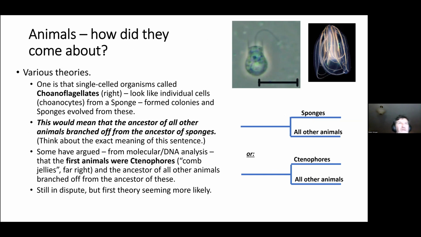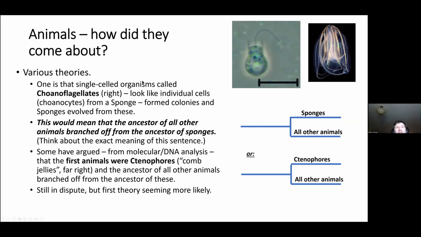We're used to animals being multicellular things, usually large. Nearly all of them are visible to the naked eye, whereas with unicellular organisms, nearly always you need a microscope to see them. Well, there's various theories.